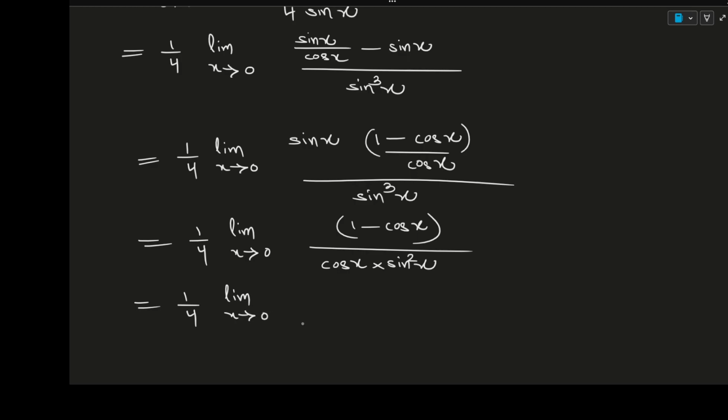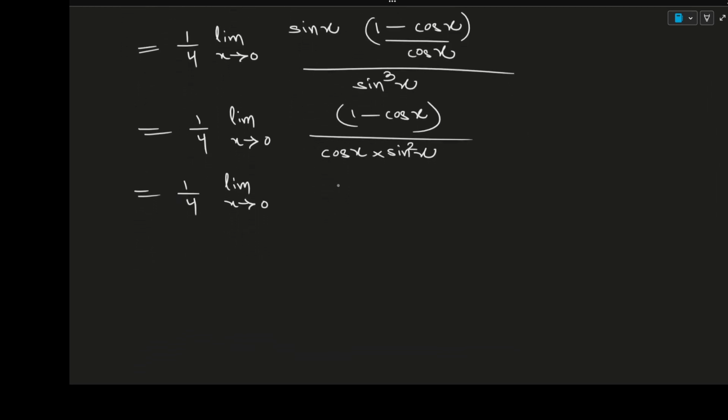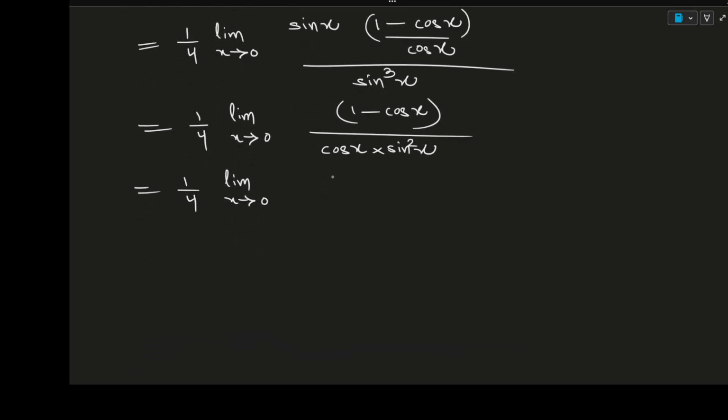Now we all know that we can write sin square x as 1 minus cos square x.